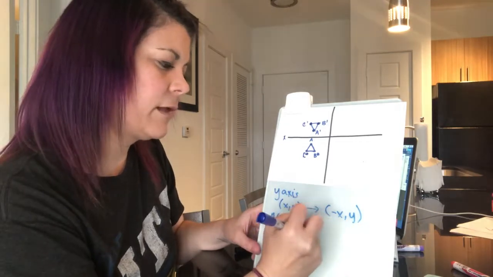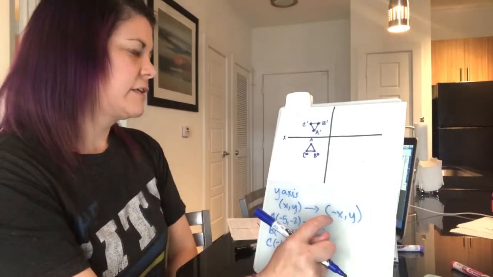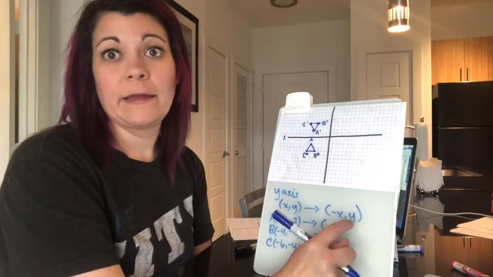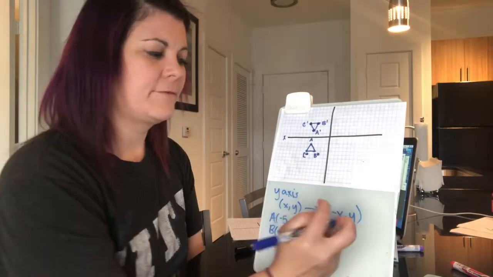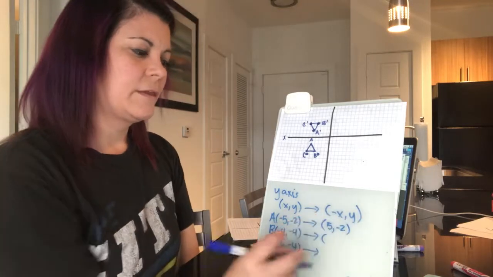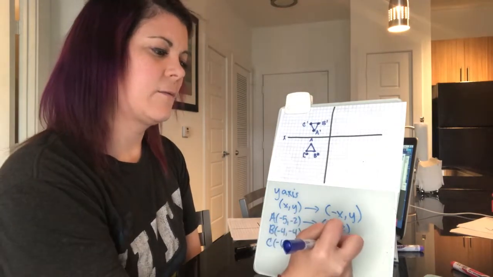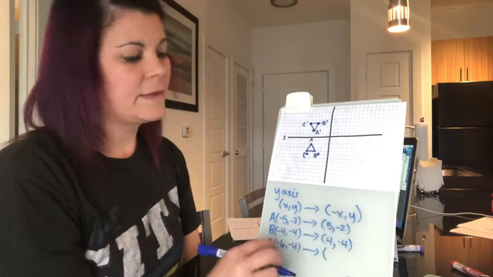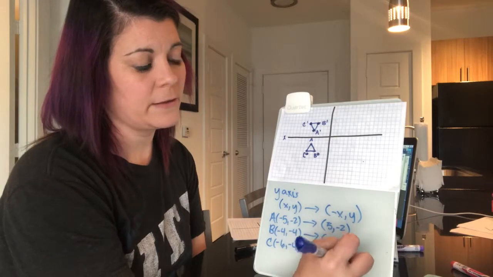Now we apply the y-axis rule, where the x changes and the y stays the same. The opposite of -5 is 5, and the y stays the same, -2. The opposite of -4 is 4, and the y stays the same. The opposite of -6 is 6, and the y stays the same.